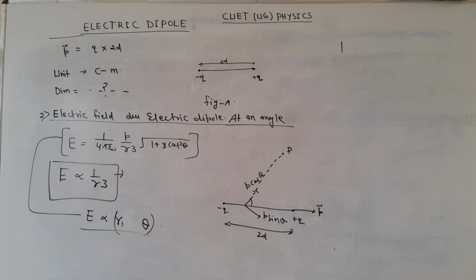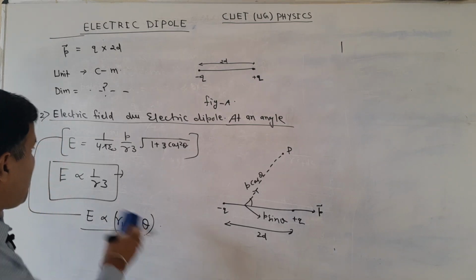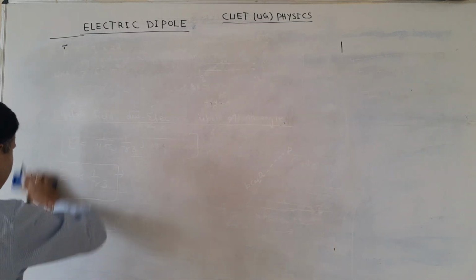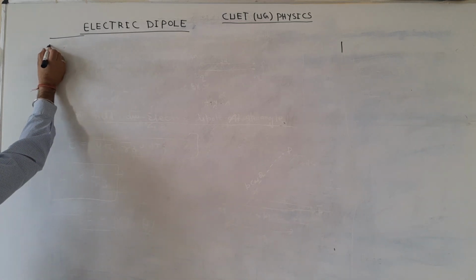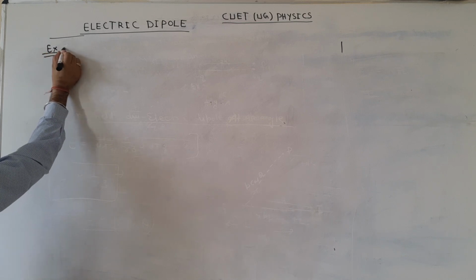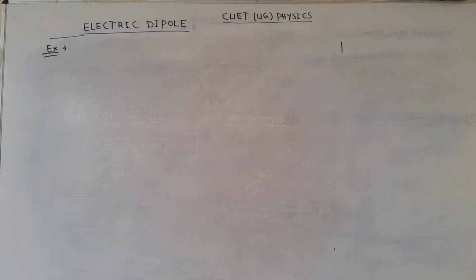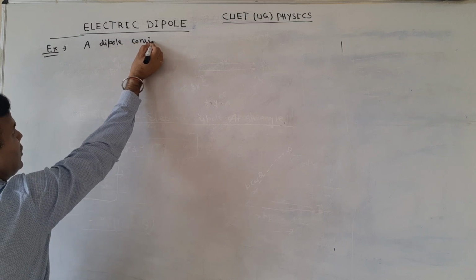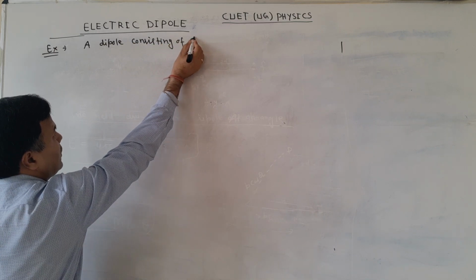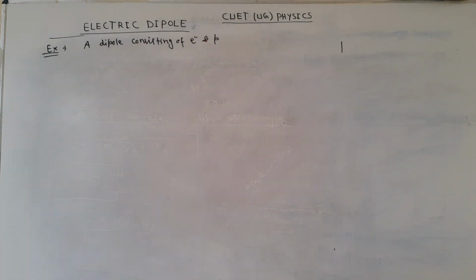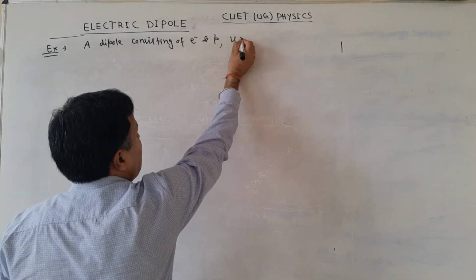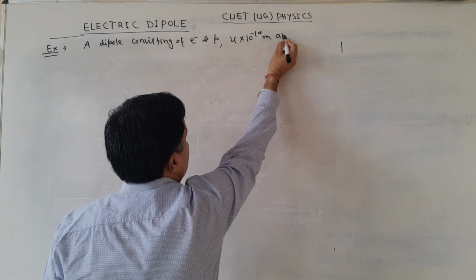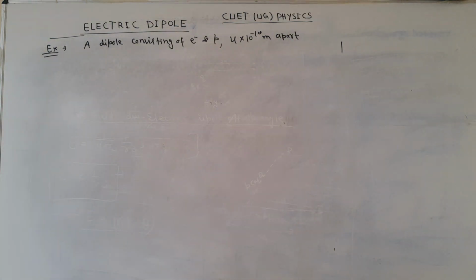The first example: a dipole consisting of an electron and proton, 4 into 10 to the power minus 10 meter apart. Calculate the dipole moment.